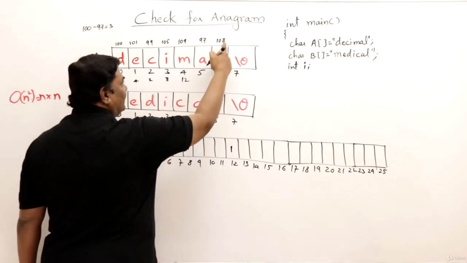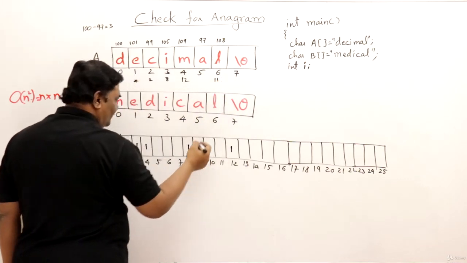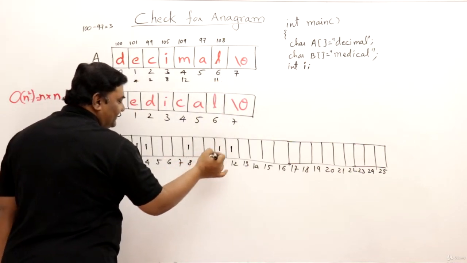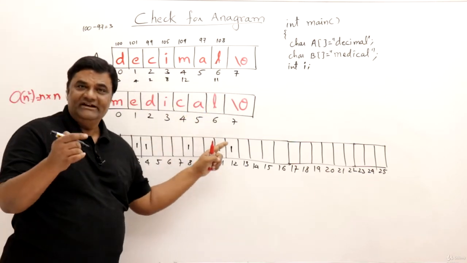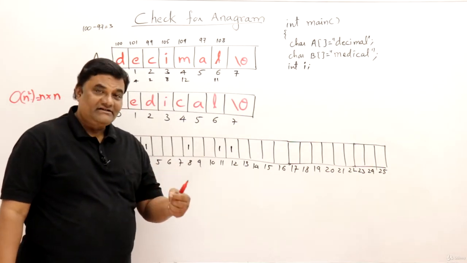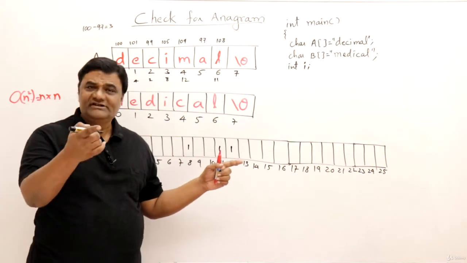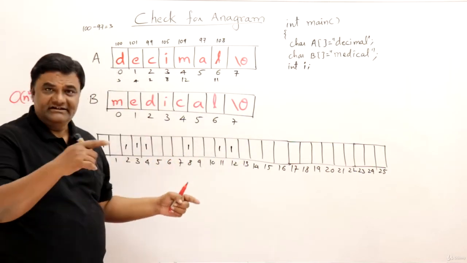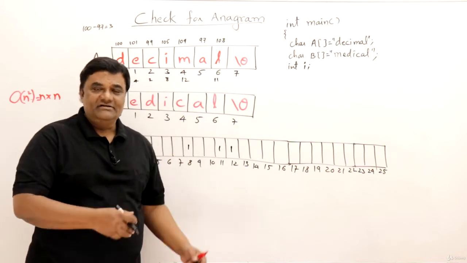Increment this one. Then this 108, so 108 minus 97 is 11. Go to index 11 and increment it. See, all these alphabets are unique. There are no duplicates, so we got just 1s. Suppose any character is repeating, then it will increment and become 2. This procedure we have already seen earlier for finding duplicates in a string. So this is the same thing.